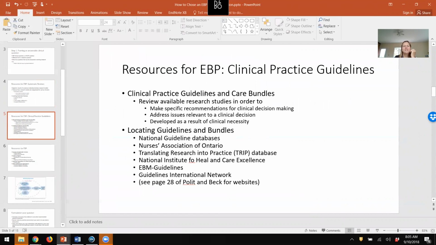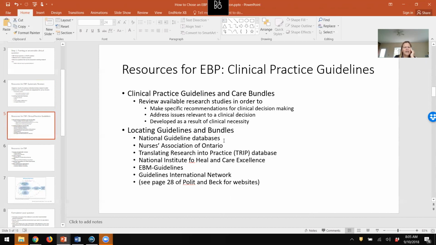So not all guidelines do that, but some of them will. So you can look in some guidelines or care bundles and read through those and see if they do give the source or the reference for why they are recommending this practice and the level of evidence.